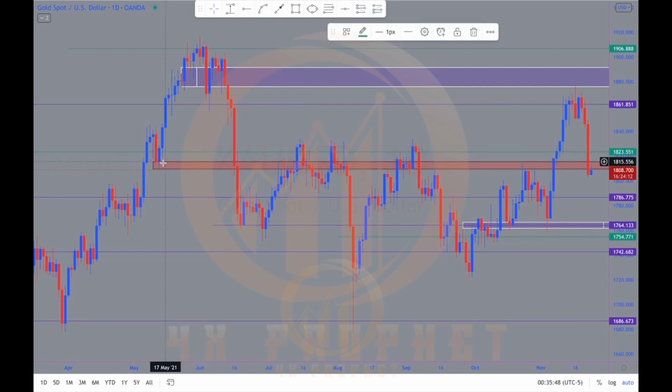Because we drew this here, we can see price has been respecting this area. Fake out, come back up, fake out, come back up. I mean fake out down, fake out down, fake out down.